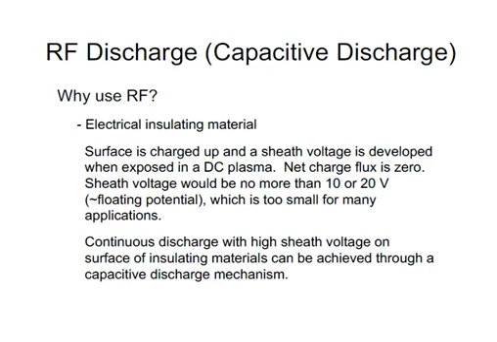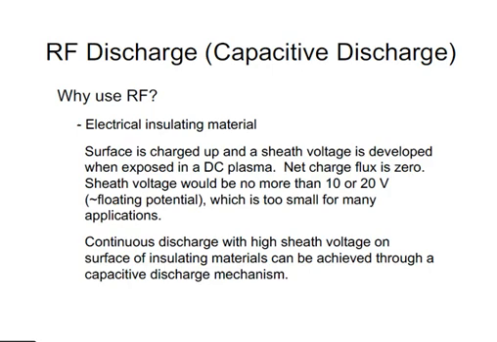At the beginning of the chapter in Chapman's book, he pointed out why people use an RF power supply rather than just a DC power supply to generate plasma. There must be reasons.